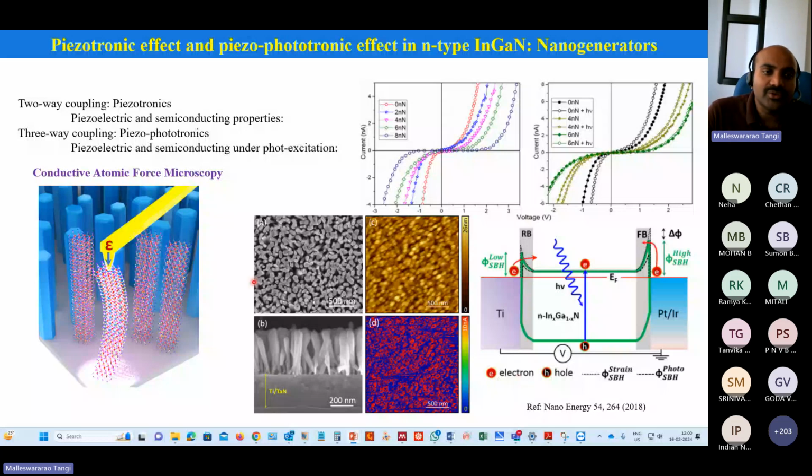Such materials we used to study the piezotronic effect by using conducting AFM microscopy, where we utilized a platinum-iridium tip to exert strain on the nanowire and study IV characteristics with increasing strain.